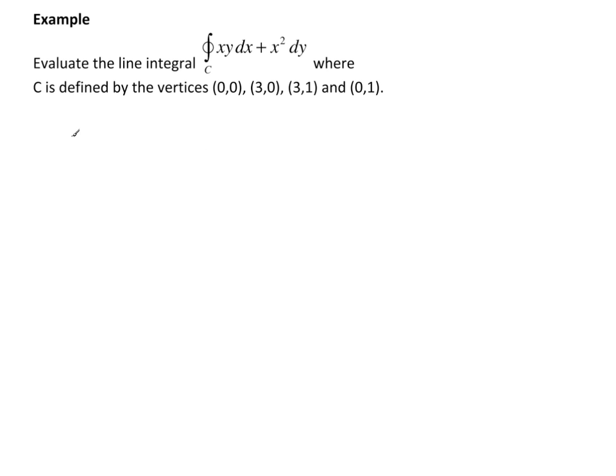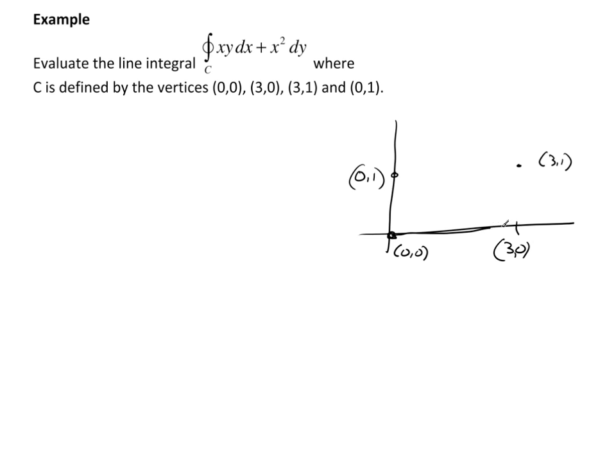So let's draw a picture of this first to see what we're dealing with. I'm at 0, 0. And then out here to 3, 0. And then I'm at 3, 1. And then back to 0, 1.